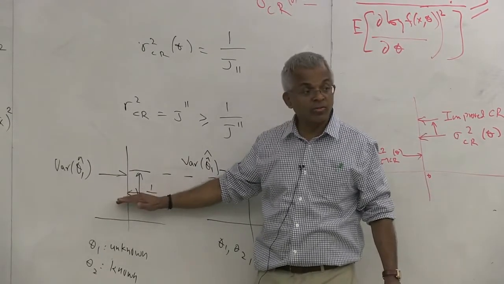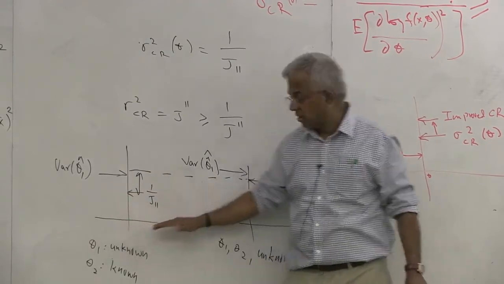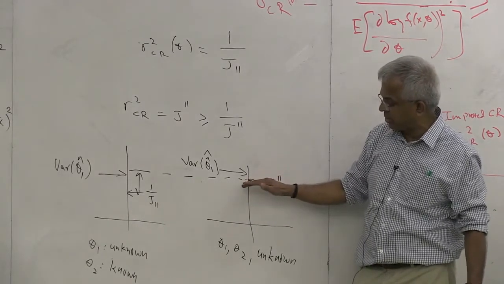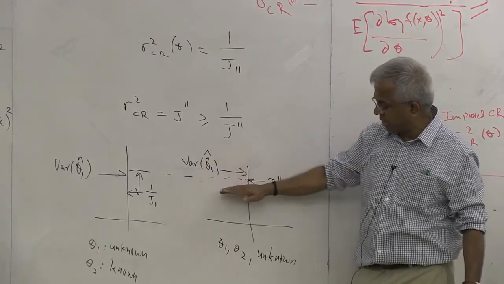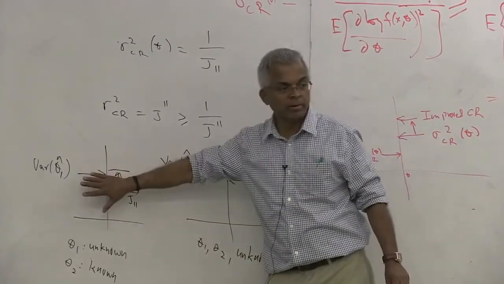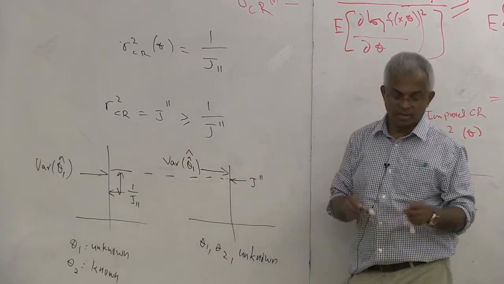This is the bound on the variance. So here the bound is low. Whereas if you bring in more unknowns, that bound naturally goes up, which means whatever you do, this variance can come only up to this level. Remember, this is apples and oranges, two different problems.